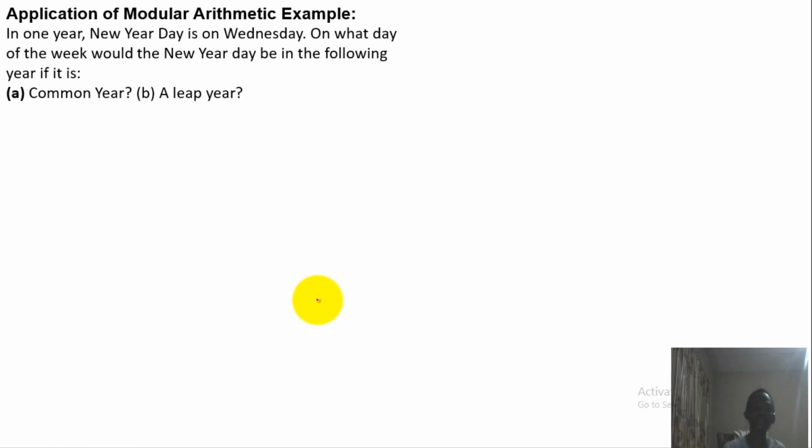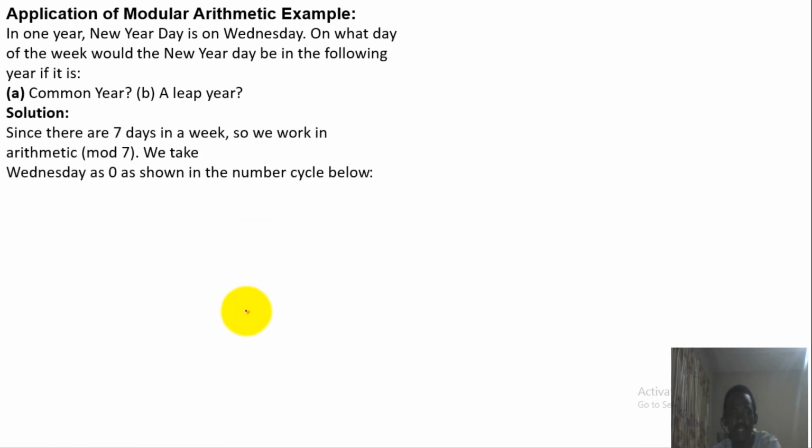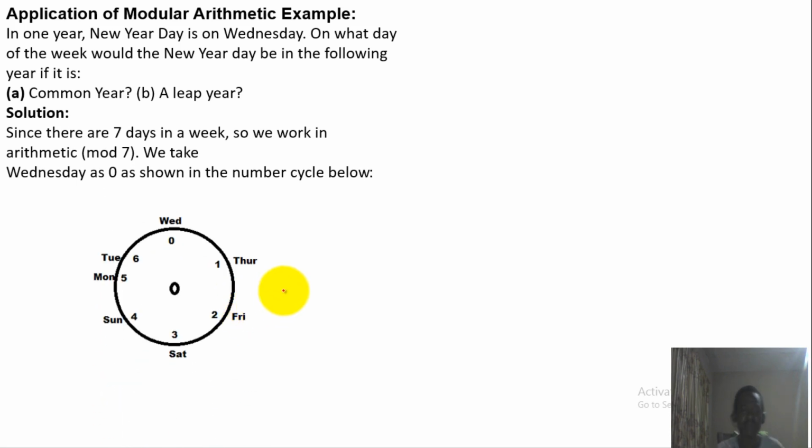Okay, fine. Let's quickly talk about the application. I don't really want to waste our time. Under this application of modular arithmetic: in one year, New Year's Day is on Wednesday. Starting with Wednesday, you have 7 days in a week.